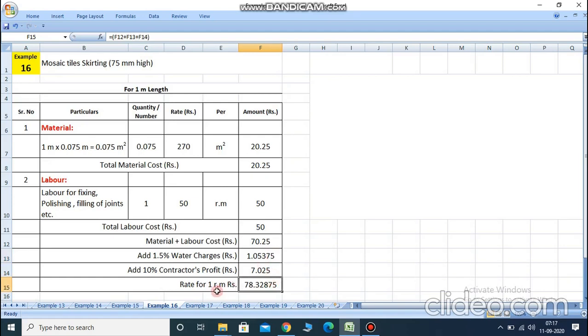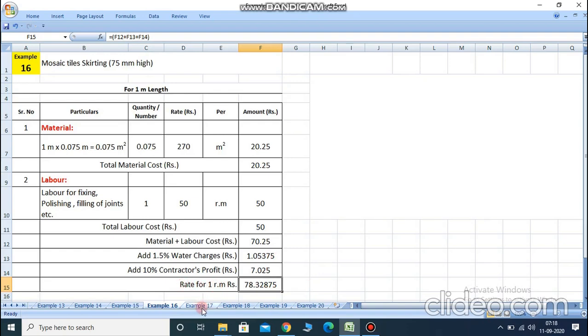Now summation rate for 1 running meter: 70.25 plus 1.053 plus 7.025. Overall summation of all these three values, we got 78.32 rupees. So it's the rate per running meter of mosaic tiles skirting.